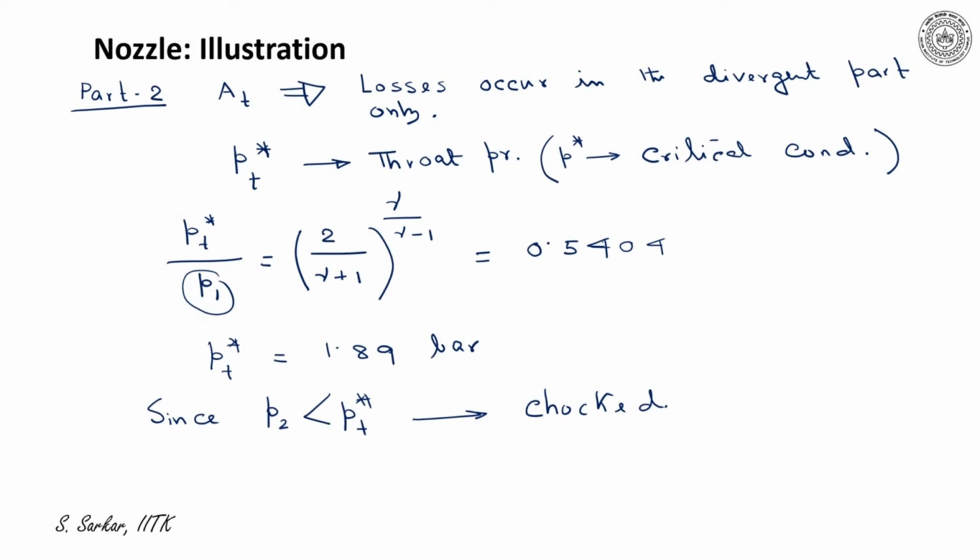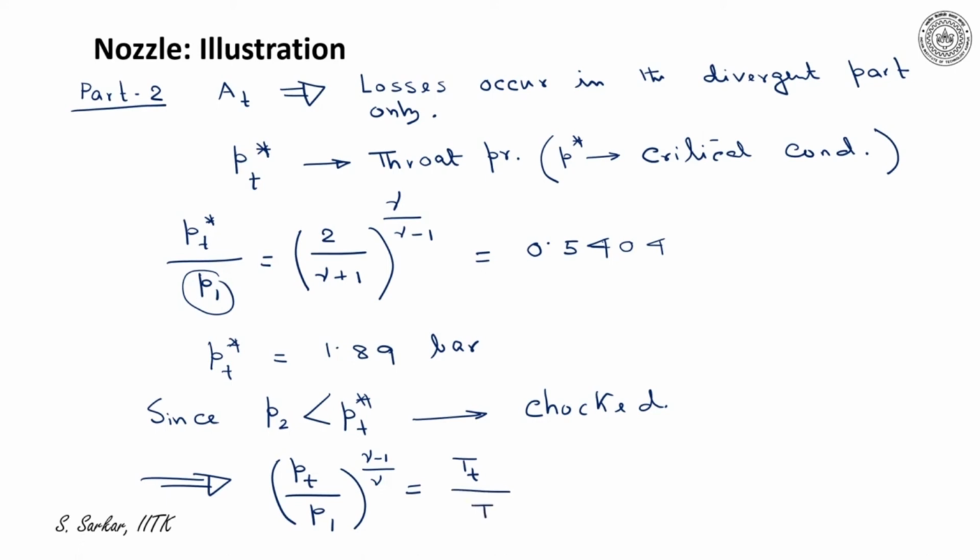Now, since I have considered the loss in the convergent part is 0, I can write PT by P1. The ratio can be given by some isentropic equation, which is gamma minus 1 by gamma is equal to TT, temperature at throat, divided by T1.